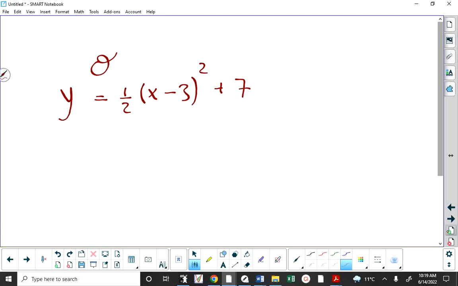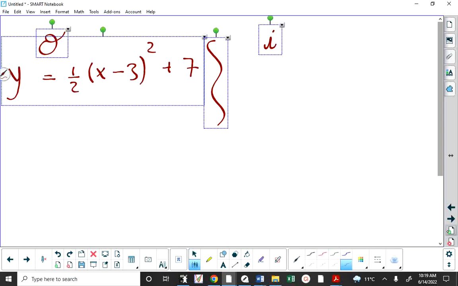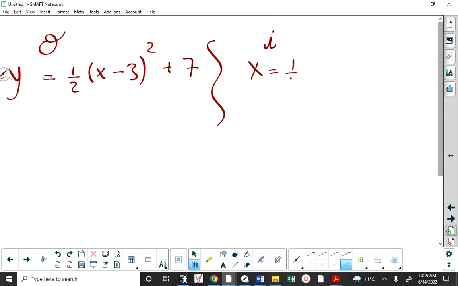The inverse will be x equals 1/2 x minus 3 squared plus, y minus 3 squared plus 7. That's the inverse.